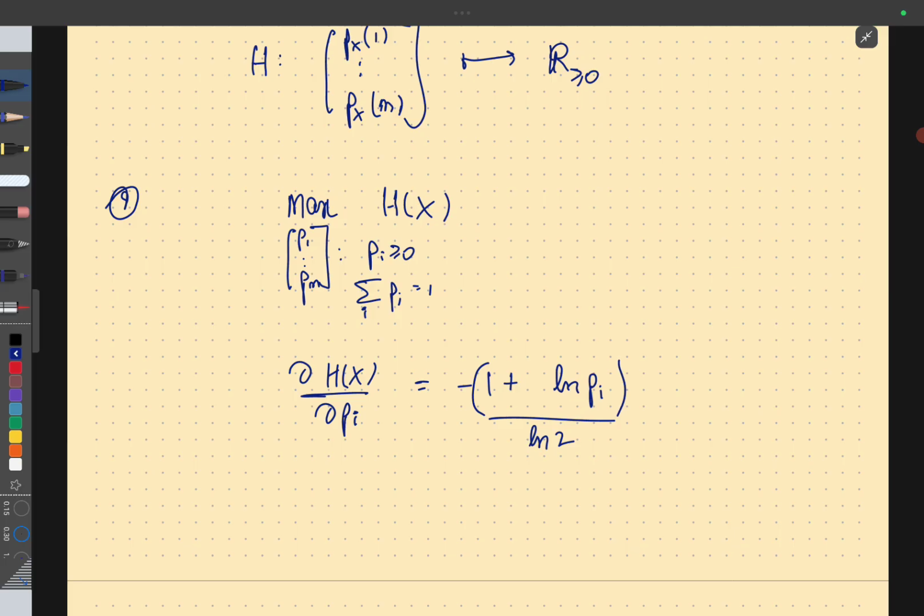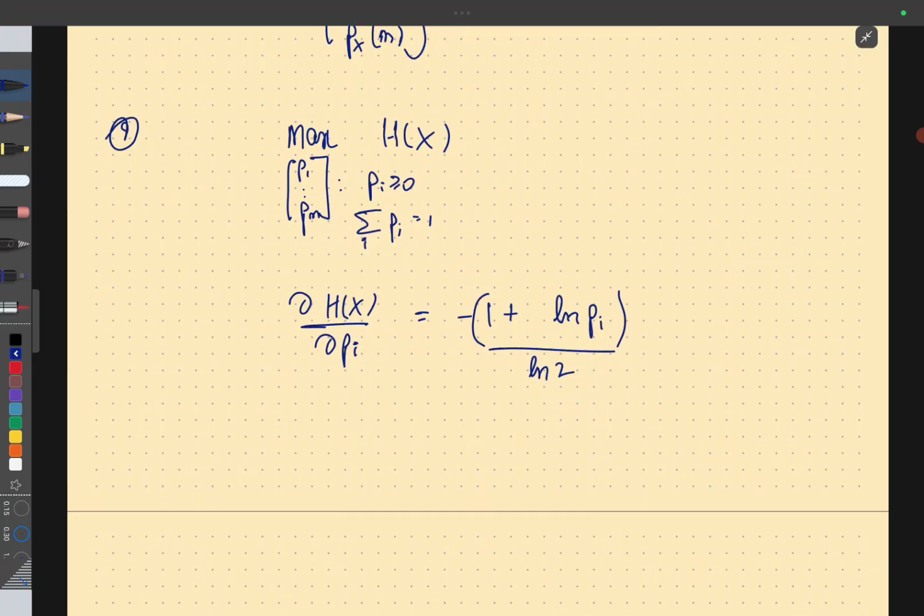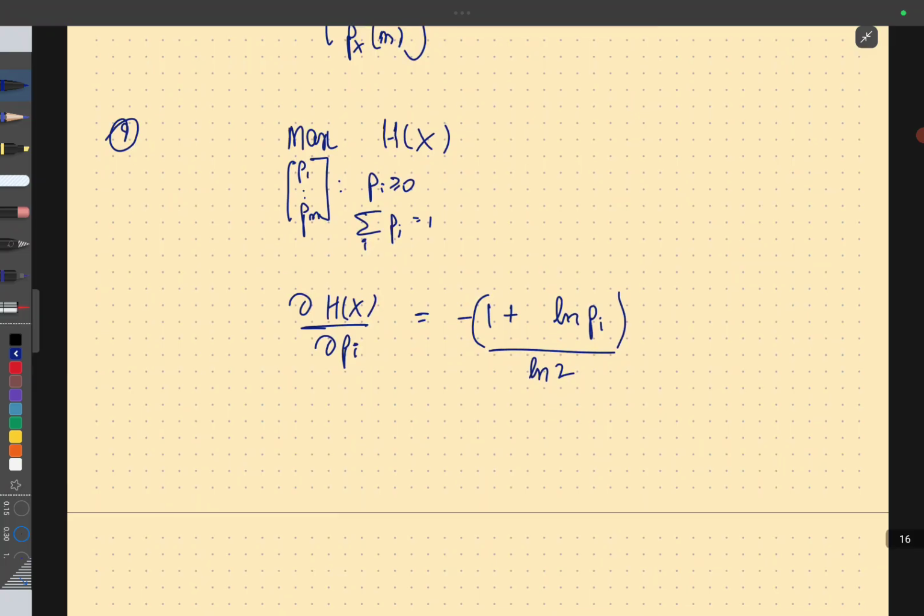So this is the partial derivative. What happens if we just set this to be equal to 0? So what should pi be equal to? 1 by e. Does that give you a valid PMF? It doesn't, so that's why this is the incorrect approach.